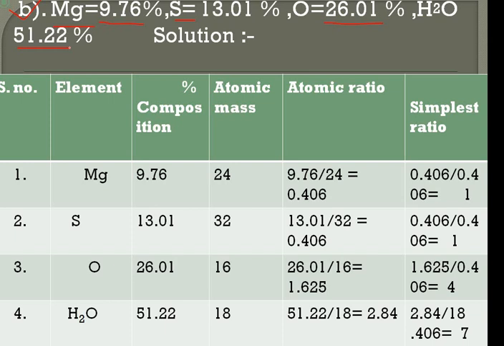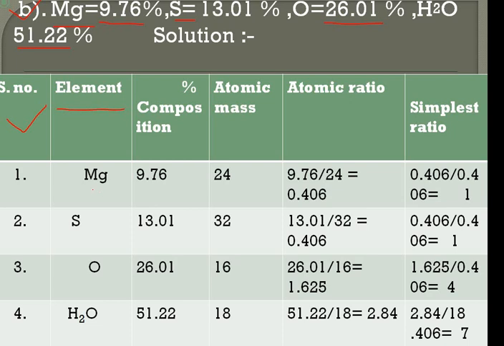Again the same steps are repeated in every question of empirical formula calculation from percentage weight. In the first column, make the serial numbers, according to how many atoms are present in your question. Here 4 are present, so we make them 1, 2, 3 and 4. Now write down the element, and write down the symbols.